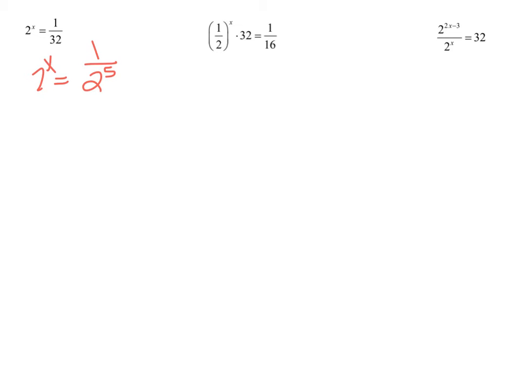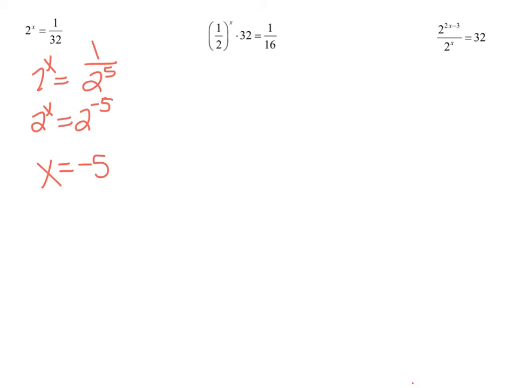Well, that still doesn't look exactly the same. I wish that 2 to the 5th on the right side was in the numerator, but how can we change something if it's in the denominator? How can I change it to be in the numerator? That's right, make the exponent negative. There we go. 1 over 2 to the 5th is the same thing as 2 to the negative 5th. Bases are the same, set it equal to each other, and you get x equals negative 5.